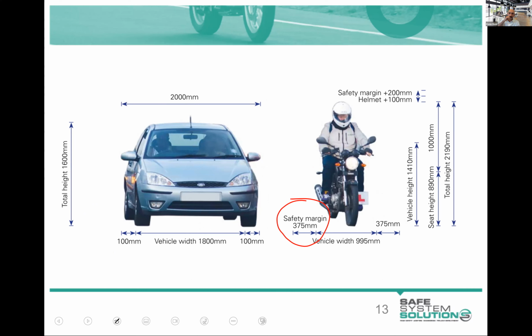Why do you think that's in there for motorcyclists? Not as just another safety factor because they're more vulnerable, let's give them an extra safety factor. There's a bit of reason behind that. Any ideas? Anybody going to pop that into the chat?